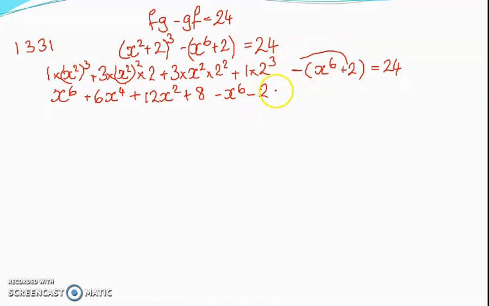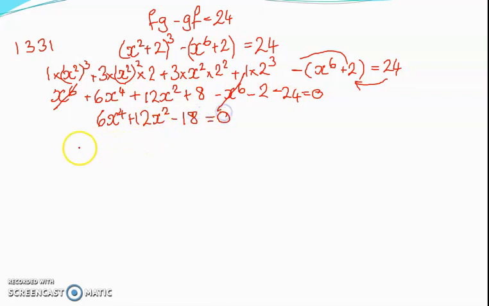And I'm going to move the 24 over at the same time. Minus 24 equals 0. And the great thing about that is that x to the 6 goes with that. So I've got 6x to the 4 plus 12x squared, and I reckon that is minus 18 equals 0.